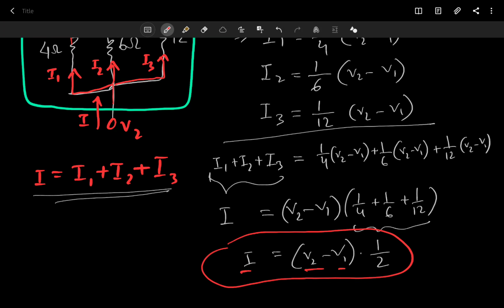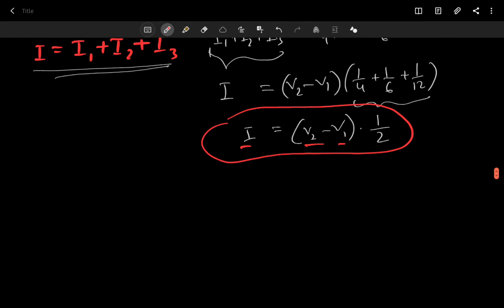And if you find another circuit with the same equation for the terminal voltage and current, then they are equivalent. I don't know if you can tell, but if you take a 2 ohm resistor, it will give you that same equation.